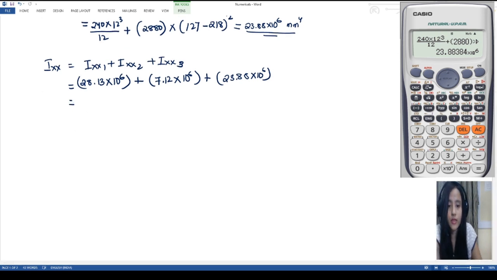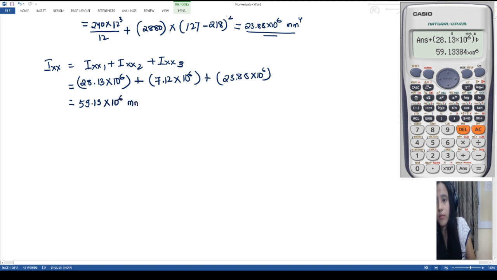Adding them all, I'm getting 59.13 into 10 raised to power 6 mm raised to power 4.